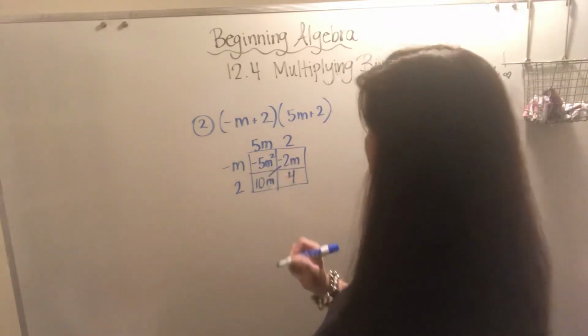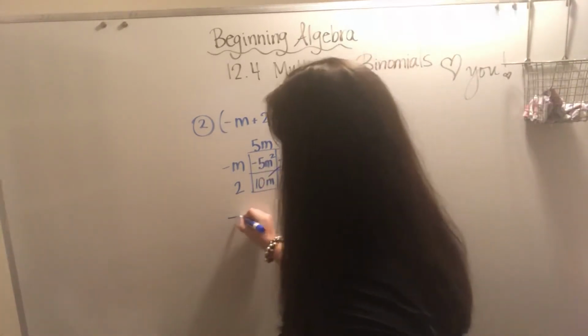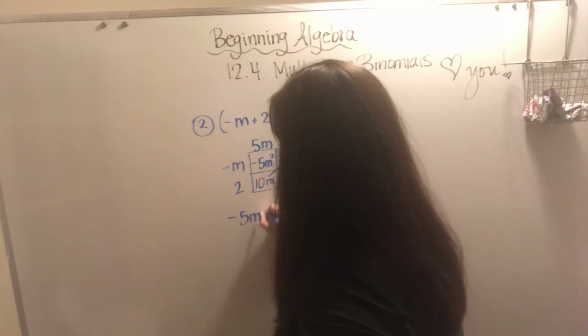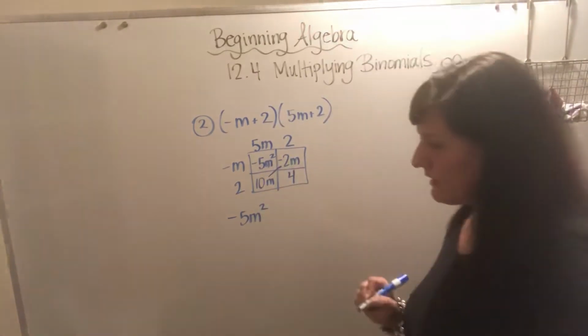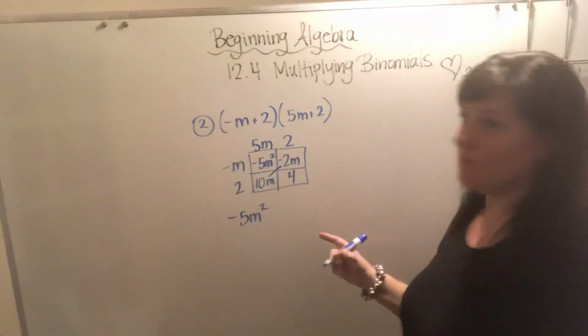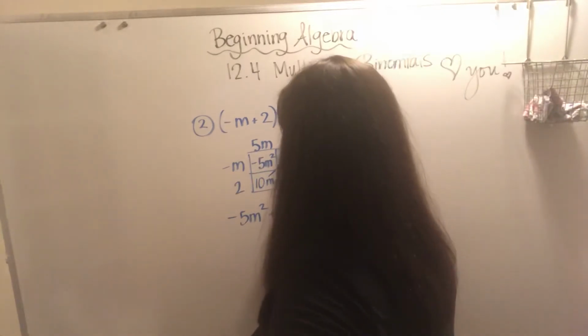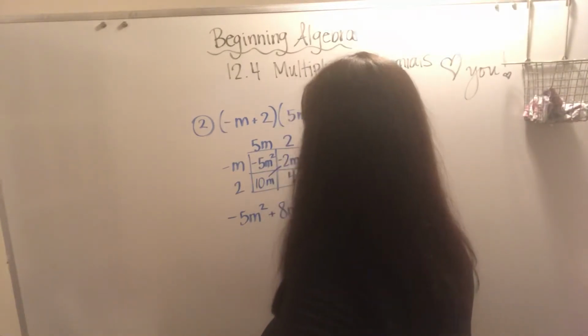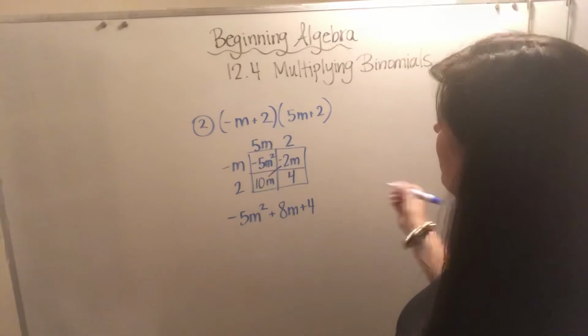Again, these two terms will combine. Start with my highest degree. Negative 5m squared. 10m minus 2m is 8m plus 4.